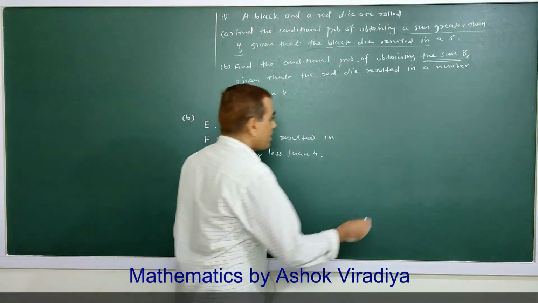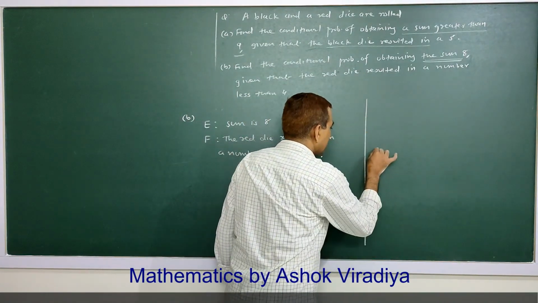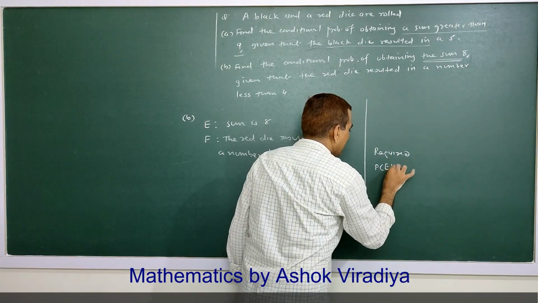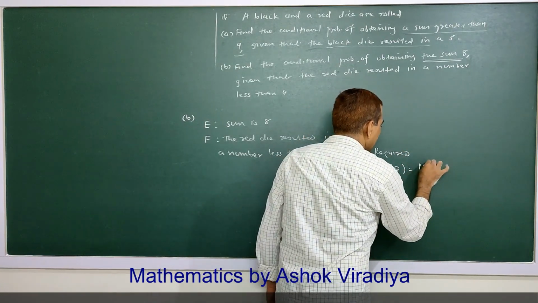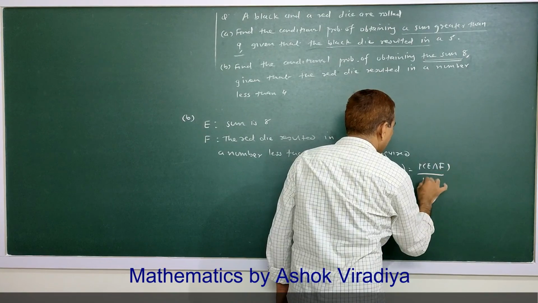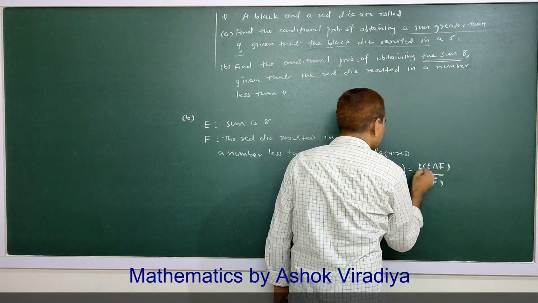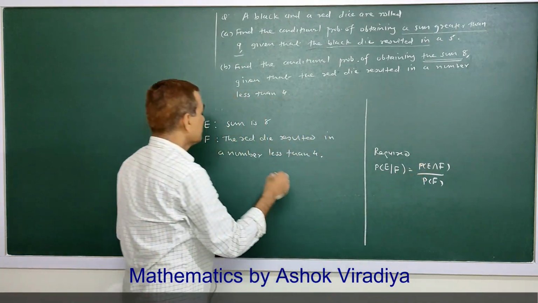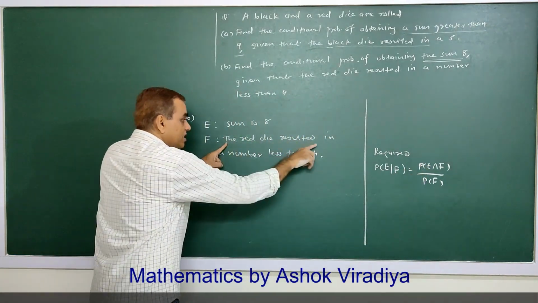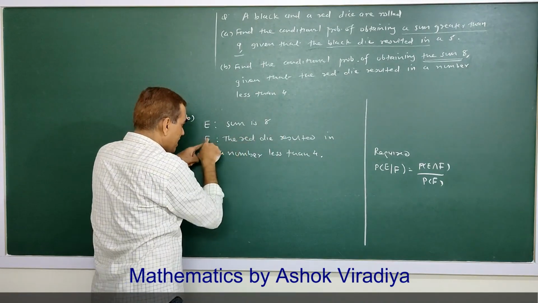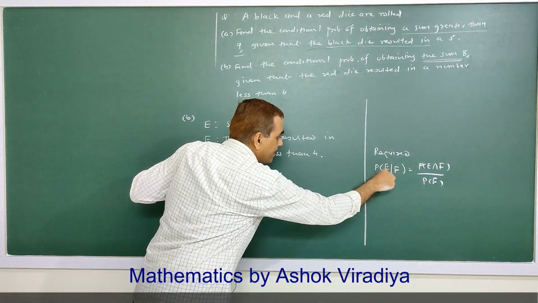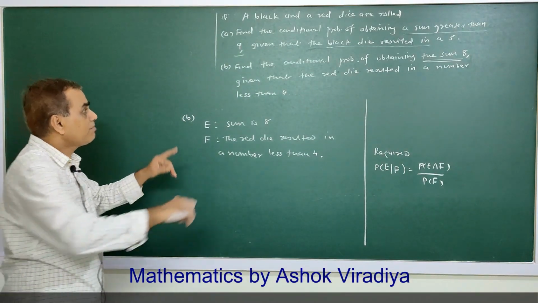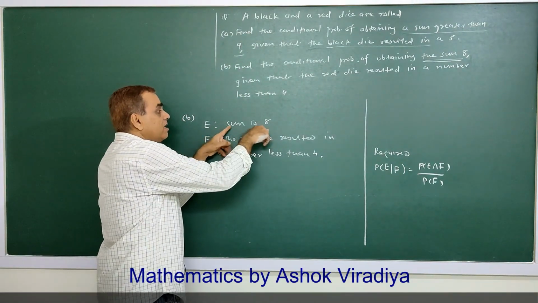We want the probability of E given F. The formula is P of E intersection F upon P of F. The given condition will be on the right hand side of the vertical line, and we want the probability of the event under this condition.